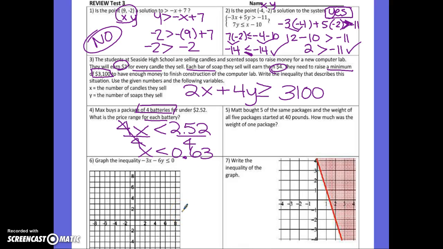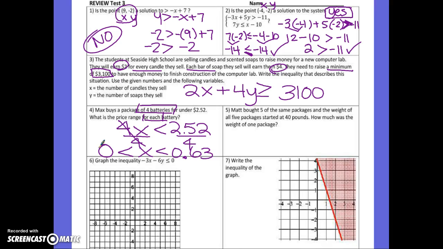Well, can X really be less than 63 cents forever and ever? If you're talking about how much each battery costs, we're talking about money. So in this case, since X can't be less than forever, we're actually going to stick another sign on here and say, well, we want X to be in between the 63 cents and 0.